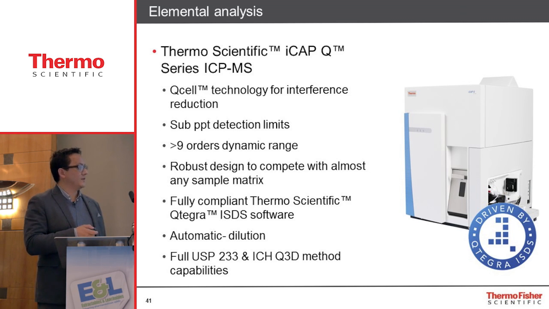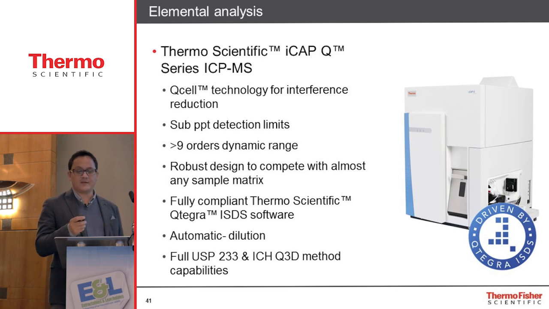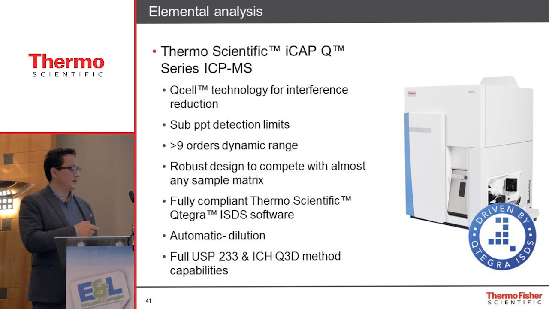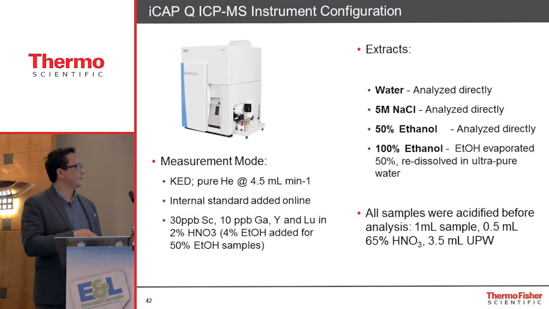It comes together with a fully compliant software tool called Qtegra, and it also has inbuilt reporting and QA and QC checking capabilities that can be automated within the software for USP or the USP guidelines in draft for 232, 233 and the ICH Q3D guidelines.